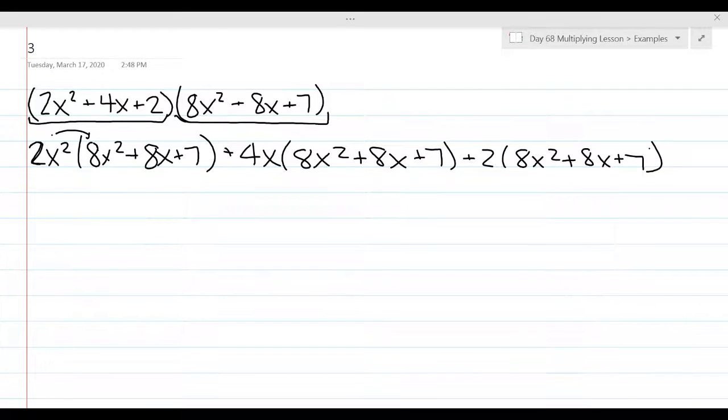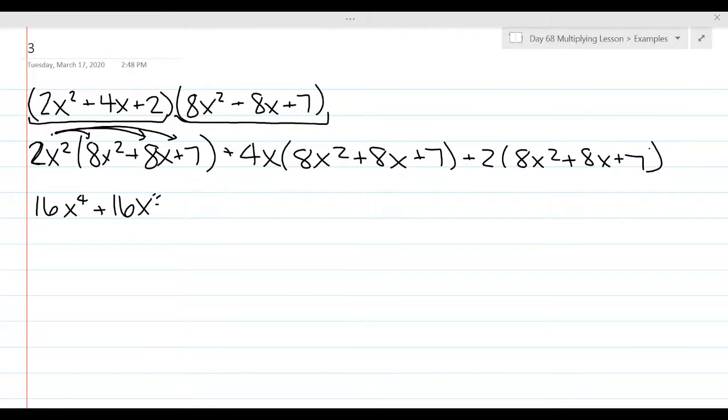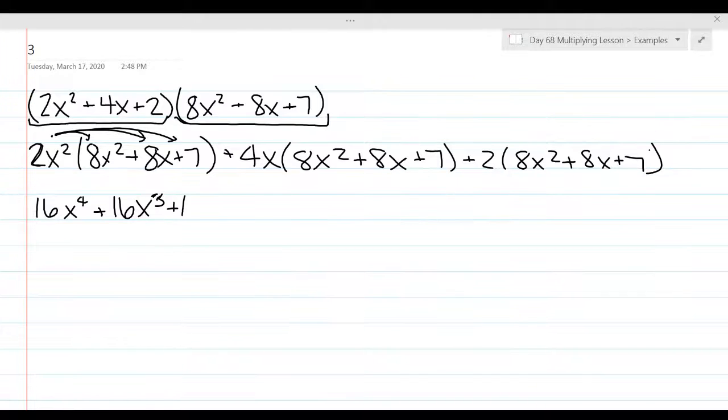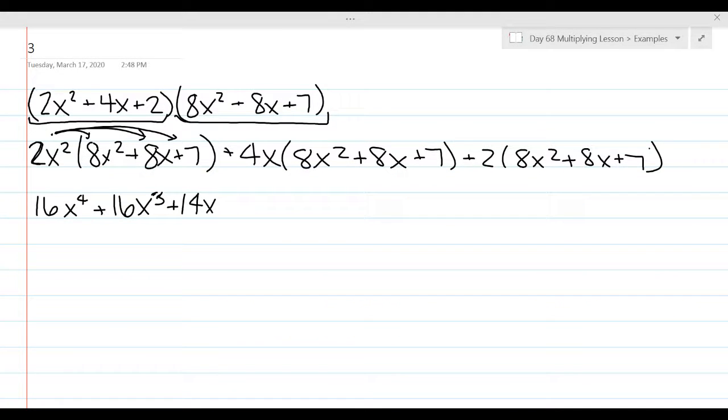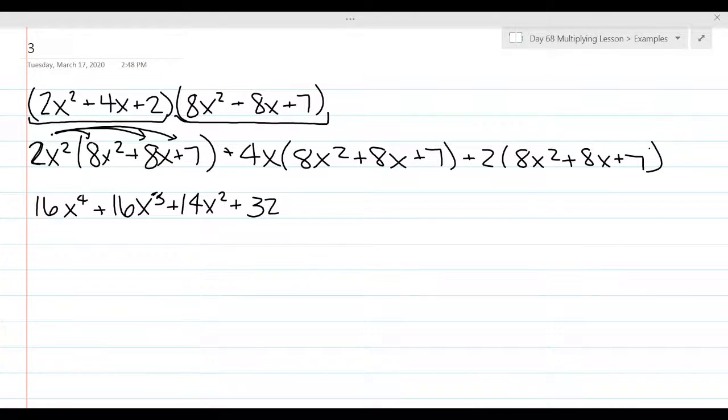Okay, let's distribute this first one. So we are going to get 16 x to the fourth plus 16 x cubed, plus 14 x squared. The next one, we're going to get 32 x cubed.